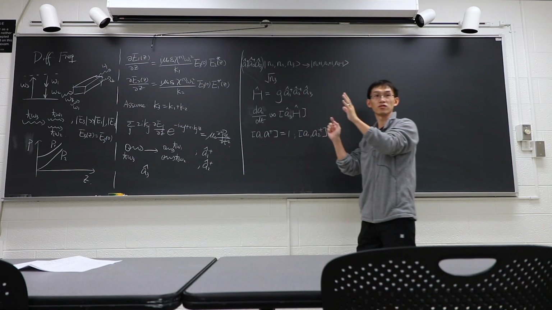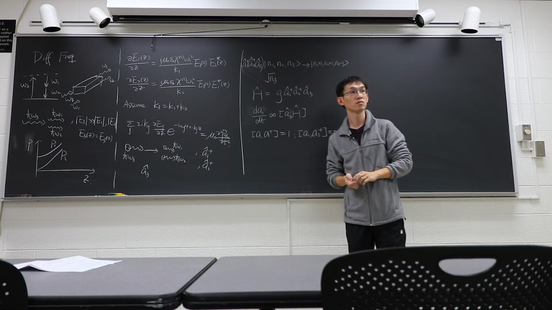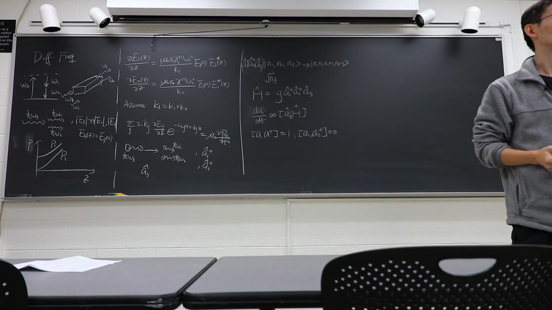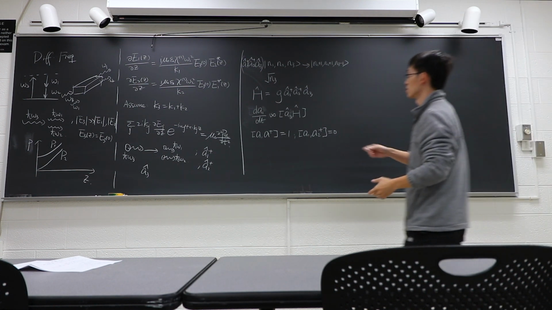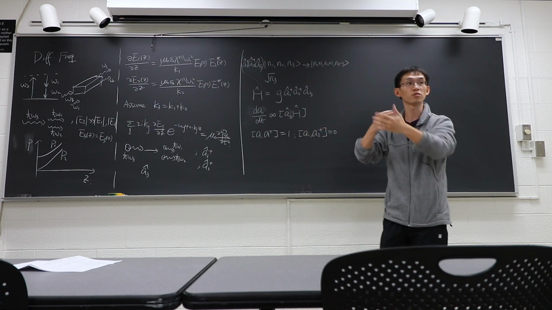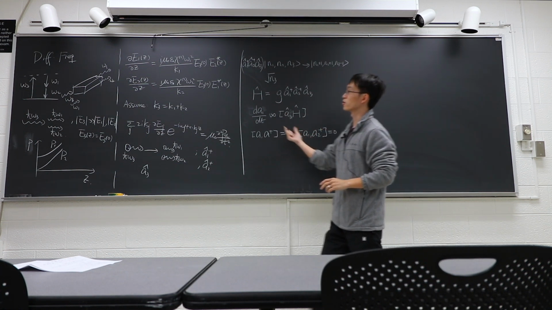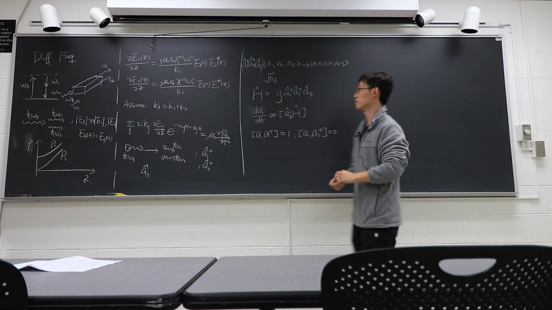They're just coefficients for A1. Yes, the Hamiltonian is supposed to be Hermitian, so you also need the reverse process, because there's a separate process. So this is just for deriving the form of this equation.